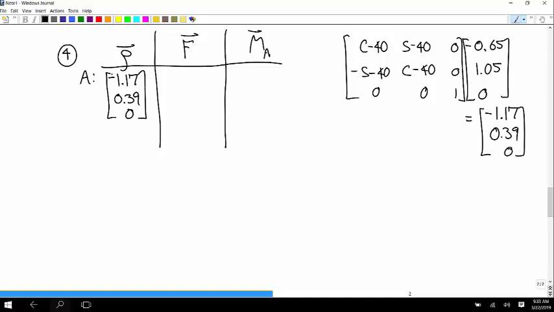The force vector is negative 200, negative 150, 0. And the cross product is 0, 0.